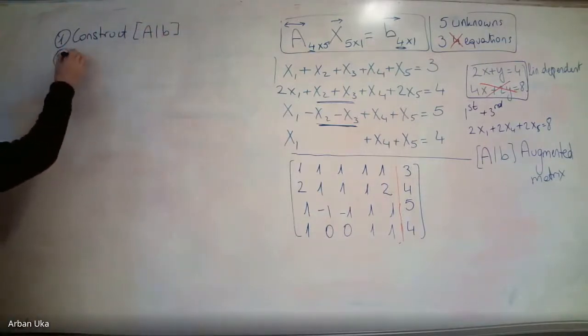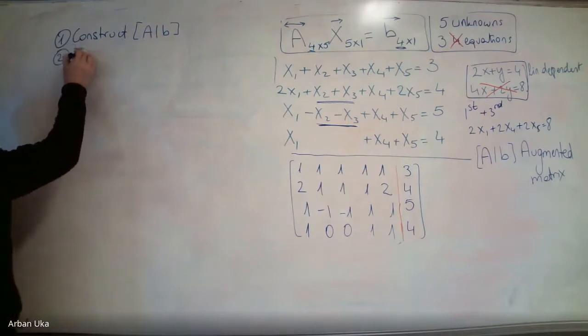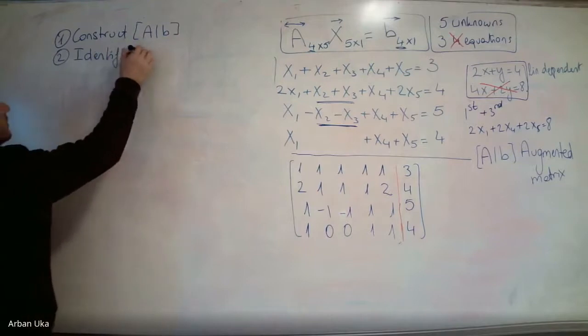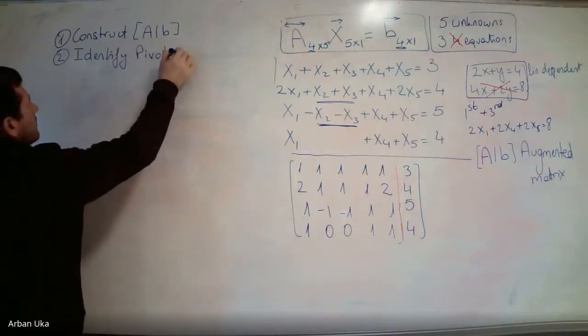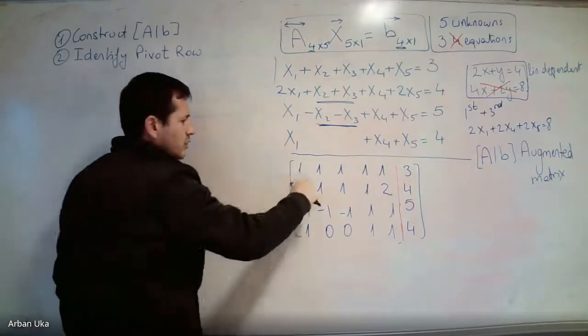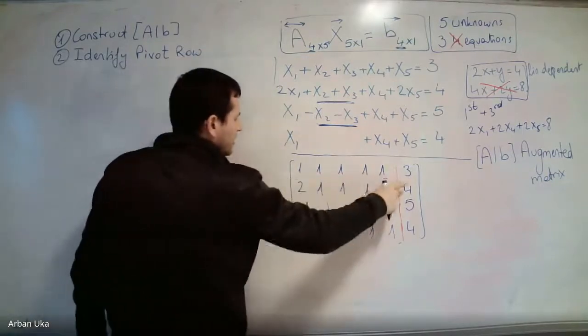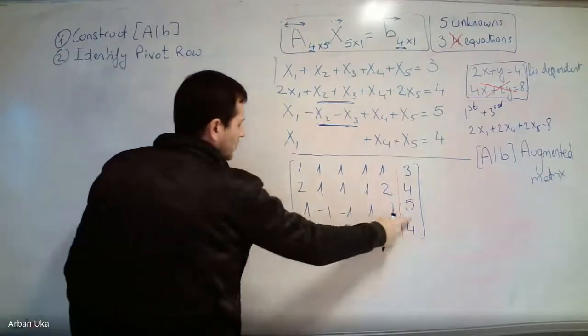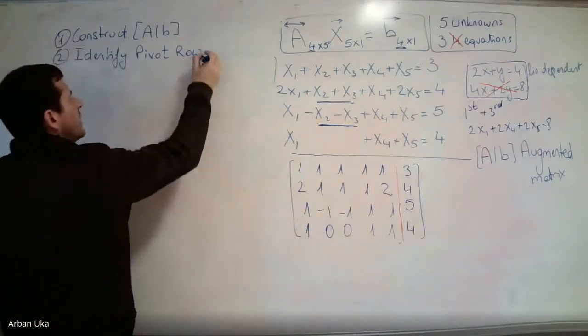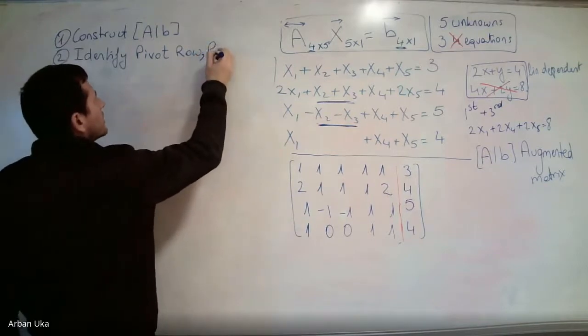Second, identify the pivot row. Pivot row is a reference row. So we're going to use one of the rows here. So this is the first row, second row, third row, and fourth row. We're going to select one of those as a pivot row, and from the pivot row, we're going to select the pivot element.